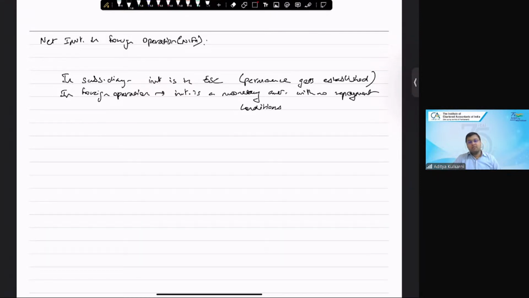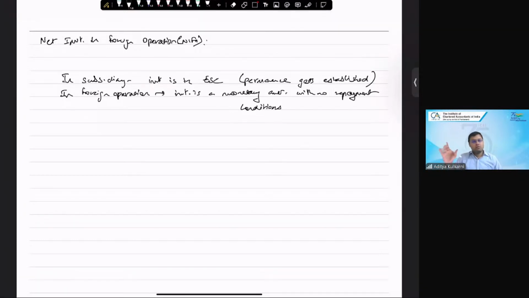Yes, sir. So this becomes a monetary item. You have given a loan, but this is a loan where you are not expecting a repayment. It is like an unsecured loan you can take. So this we call a monetary item, which is a part of net investment in foreign operation. Okay. See, ideally, if I had to make investment in equity shares, then I would do the conversion.